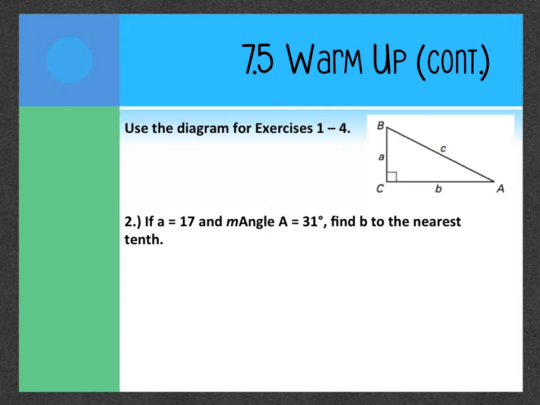Number 2 says if A is 17 and the measure of angle A is 31 degrees, find B to the nearest tenth. So we're still using tangent, but this time we have the angle.